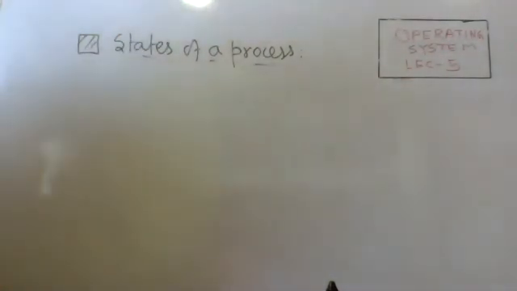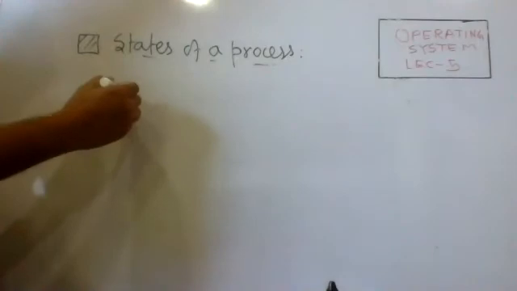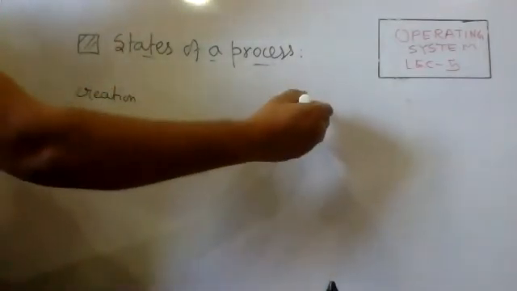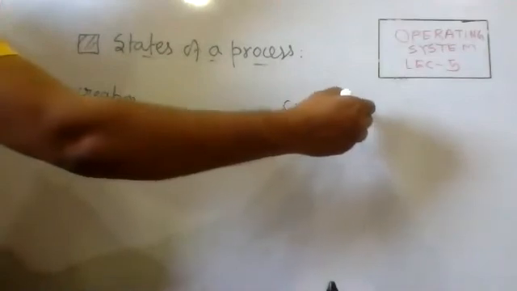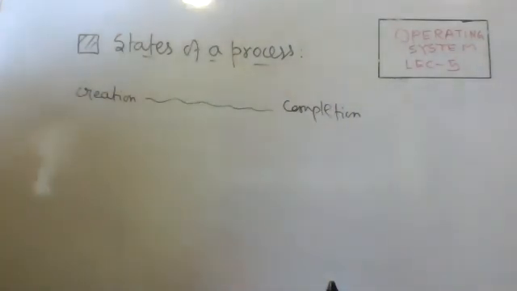A process from its creation till its completion will go through various states. So basically, from creation up to completion, it goes through different states, and depending on its requirements, it will make the transition.